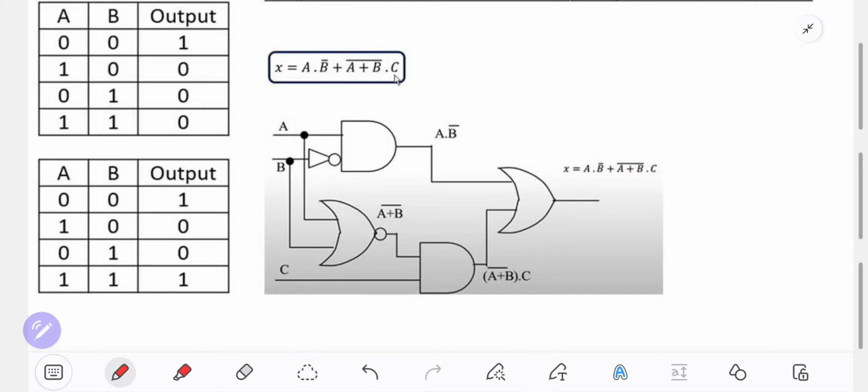The last one, we can combine gate logic in this formula.